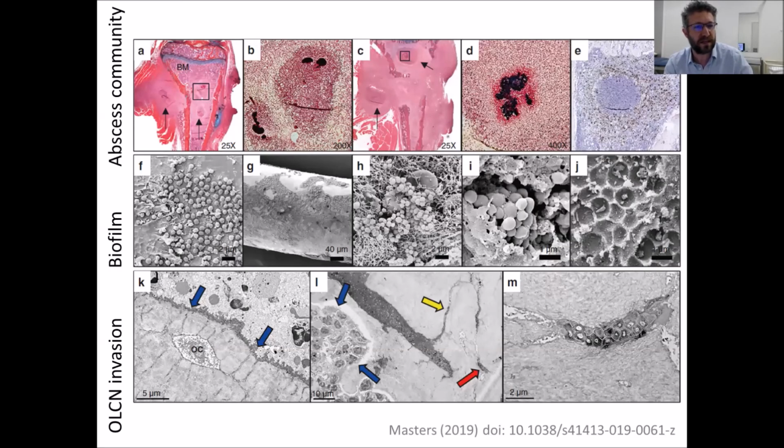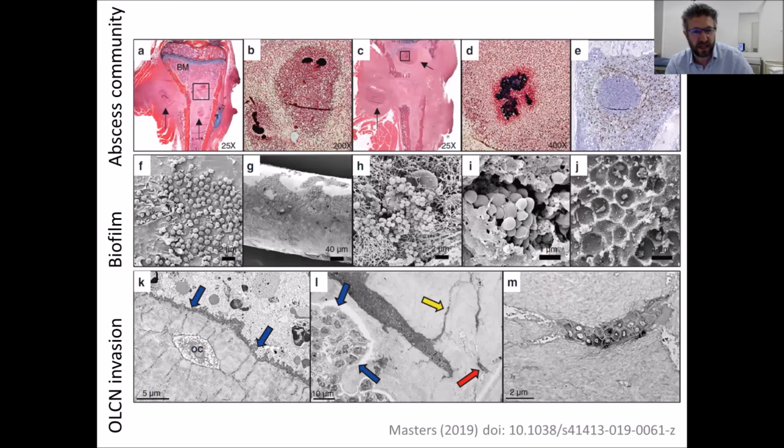And also, it's not just biofilm. Biofilm's classically described in prosthetic joint infections. It's probably also occurring in more chronic infections where we've got, down the bottom series there, osteocyte lacuna canalicular network invasion.